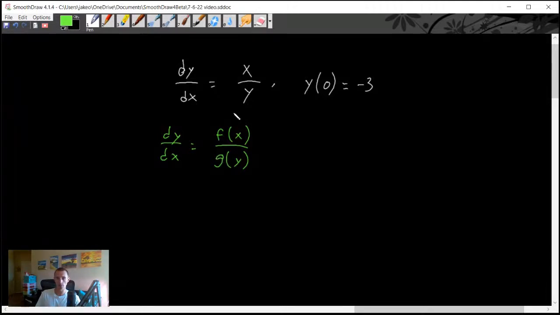Because what this allows us to do is to move all of our y's over to the left, move all our x's over to the right by just multiplying both sides by dx, and then multiplying both sides by y, leaving us with the dx canceling and the y canceling over here, giving us y dy equals x dx. Great. So we've got our variables separated.